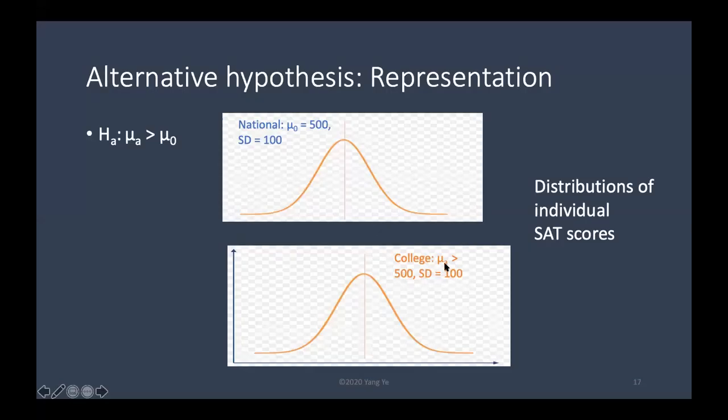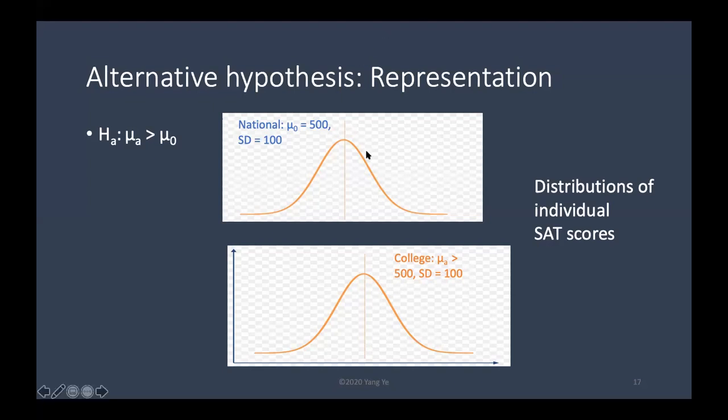For our college population, in order to differentiate from the null hypothesis population of mu0, we call it mu A, okay? So we're saying that mu A is larger than 500. And again, for the purpose of simplicity, we are assuming that for the college population, the standard deviation is also 100, equal to the national standard deviation, just that the mean has shifted a little bit, right?